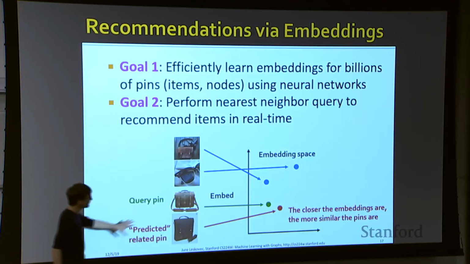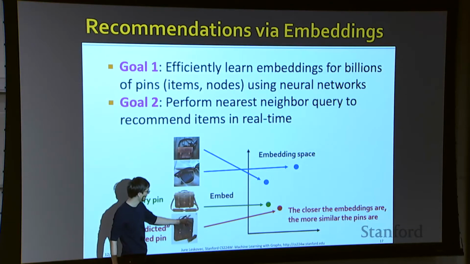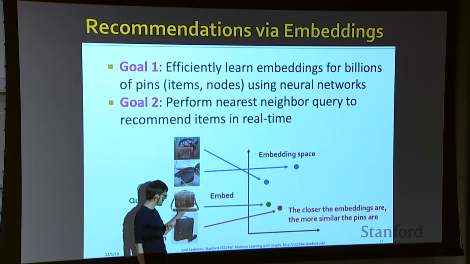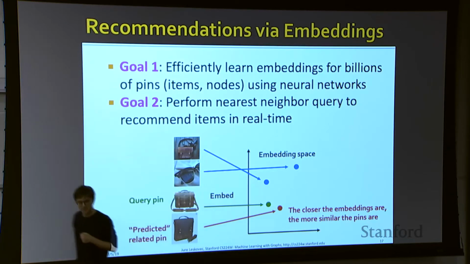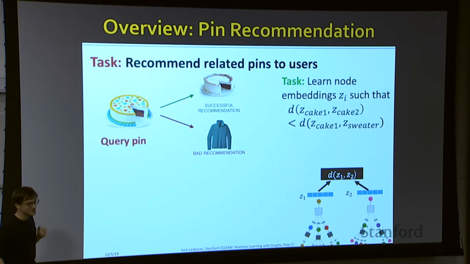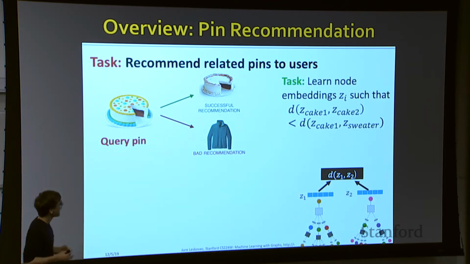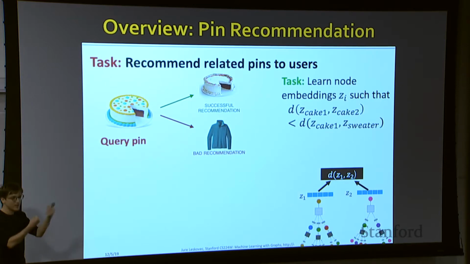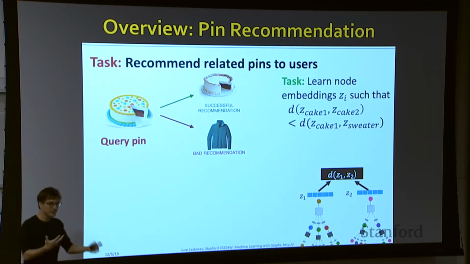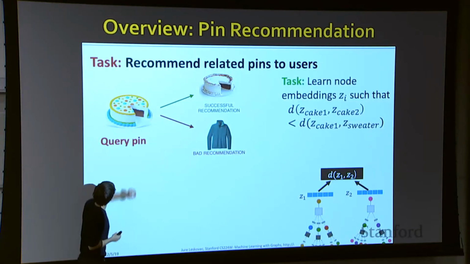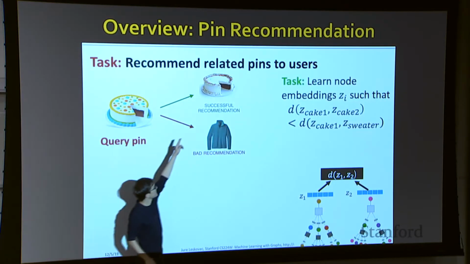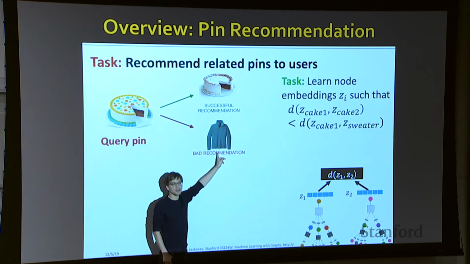So this is what we will try to do. And our goal, of course, will be to learn this function that takes the objects and puts them into 300-dimensional space so that related objects are close together, okay? So here's the idea. At a very high level, our goal will be to embed related objects together. Using some user behavior data, we will come up with these types of triples where we'll say, here's the query pin, here is a related pin, and here is an unrelated pin.